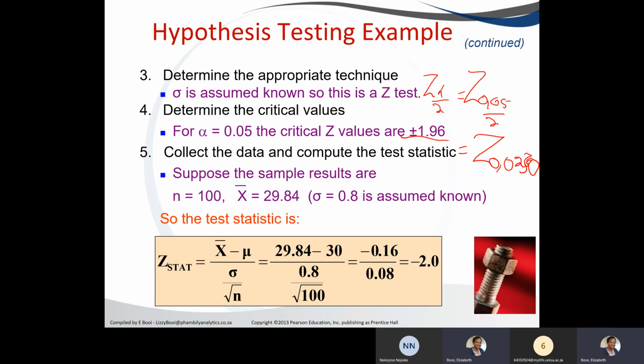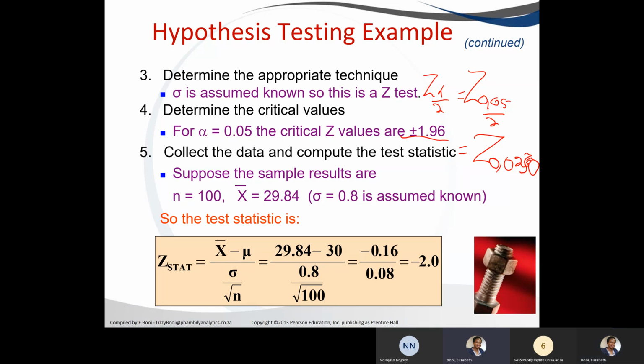So 29.84 minus 30, divided by the standard deviation of 0.8 divided by the square root of the sample size, which is 100.